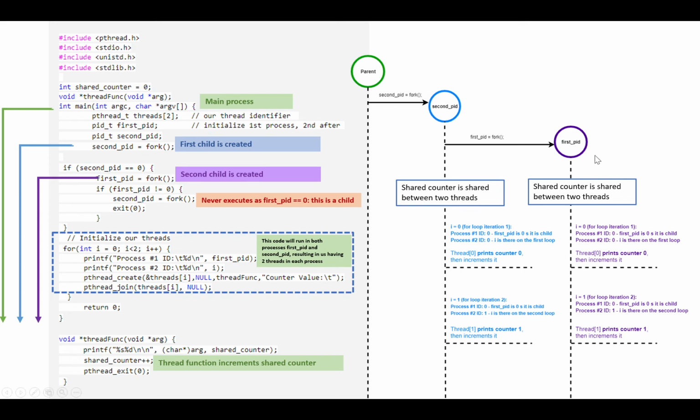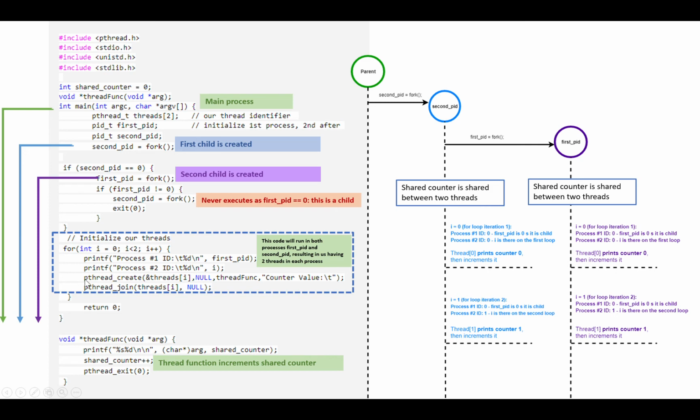Being that it's a child process, it will be 0 in all four sets here. Then the second print statement is printing out the value of I. So it is going to vary between 0 and 1 as we iterate through the loop.